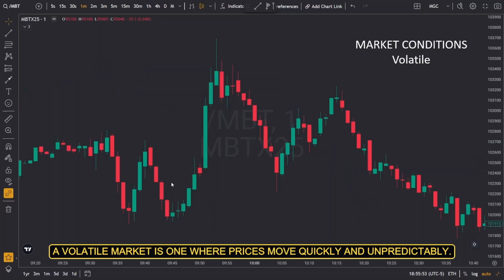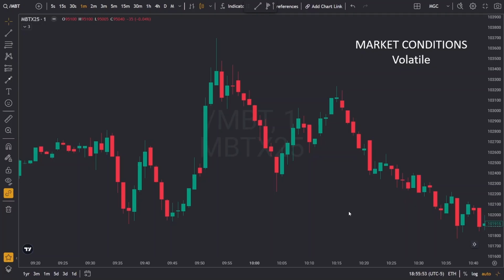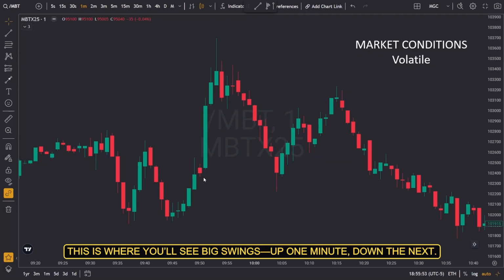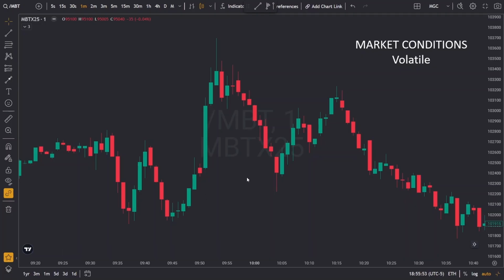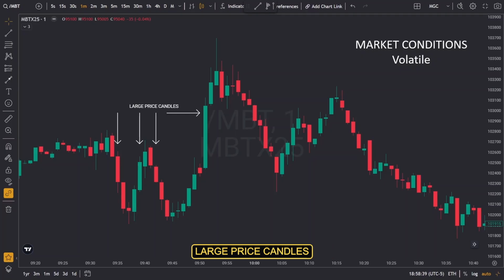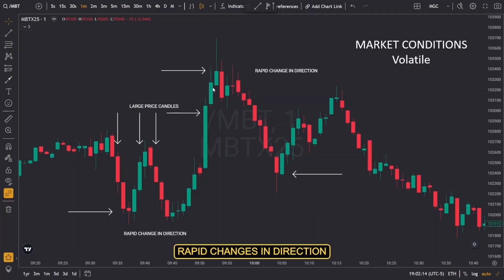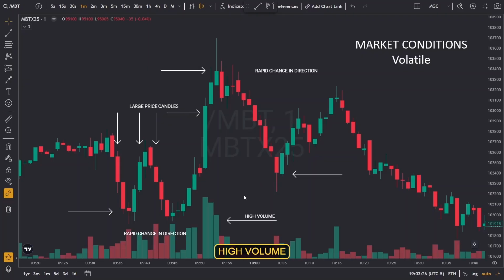A volatile market is one where prices move quickly and unpredictably. This is where you'll see big swings, up one minute, down the next. Signs of volatility include large price candles, rapid changes in direction, wider trading ranges, and high volume.